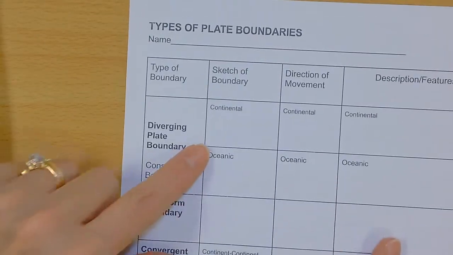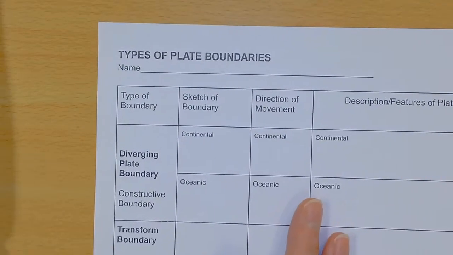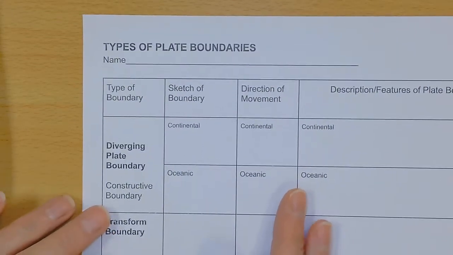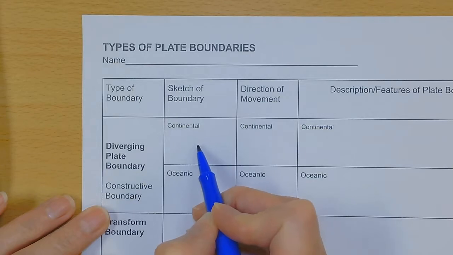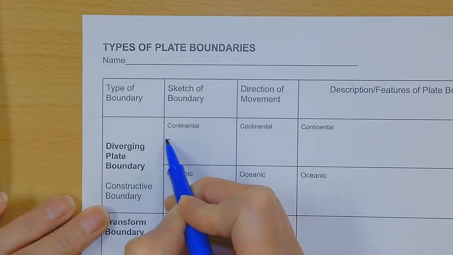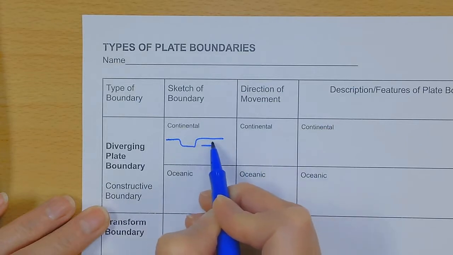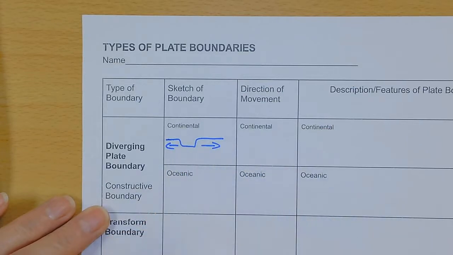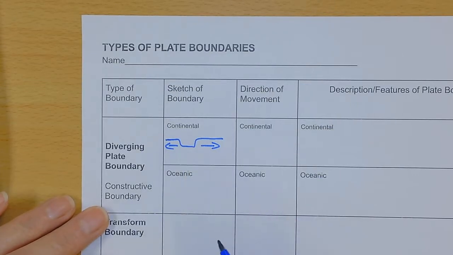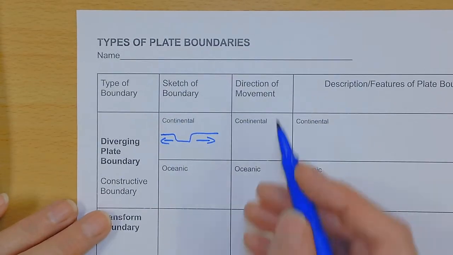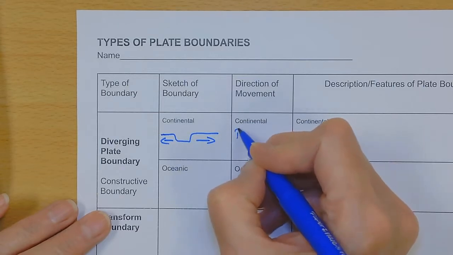It says continental crust, so you have to draw the Rift Valley one. Basically, I'm just going to draw something that looks like that, with the plates moving away from each other. And the middle part would be down. Direction of movement, they're pulling away.